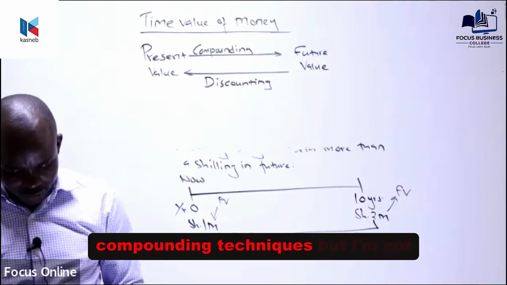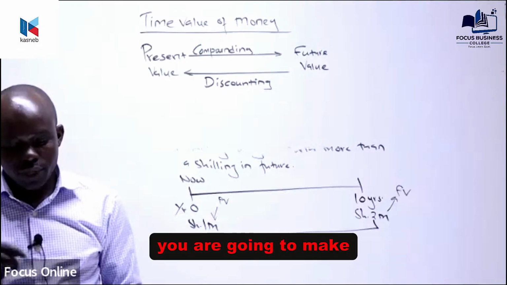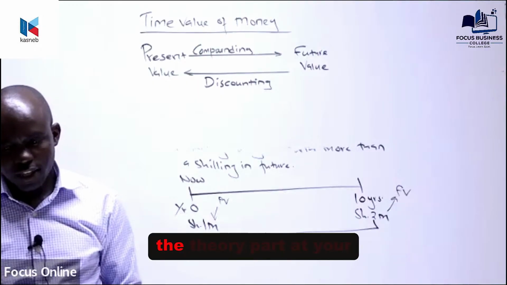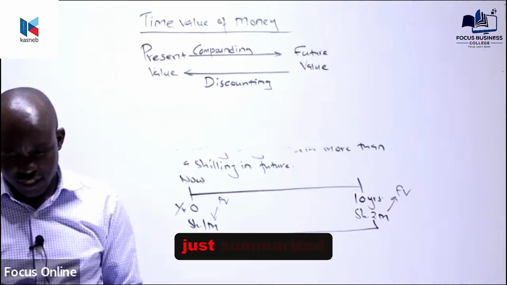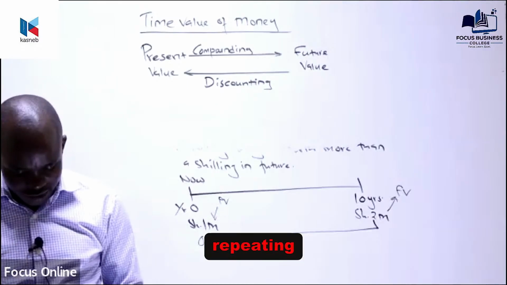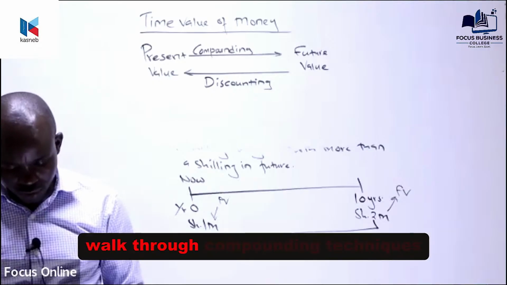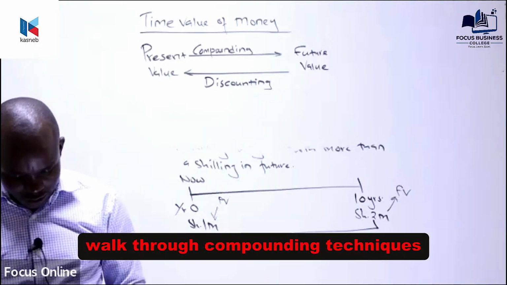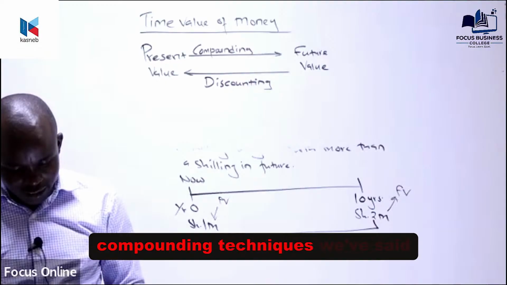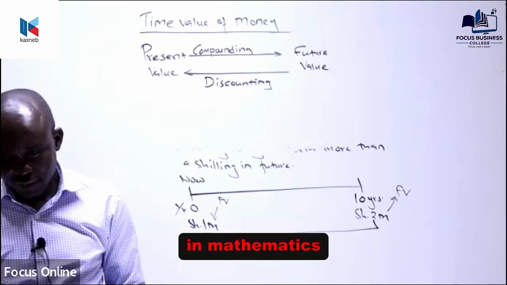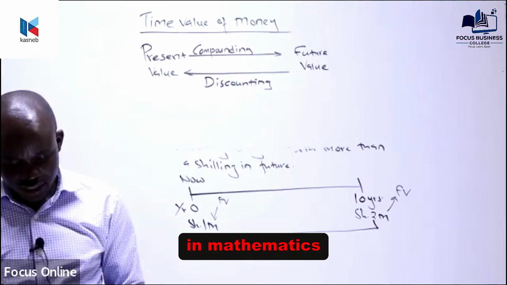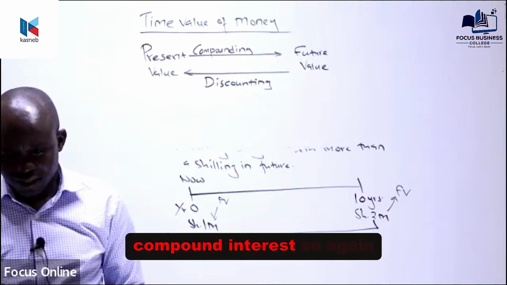Compounding techniques. Make sure you go through the theory part at your own free time. But this is what I've just summarized, so there is no need of repeating. I just want us to walk through. Compounding techniques, we've said, is what we did in mathematics: simple interest and compound interest.